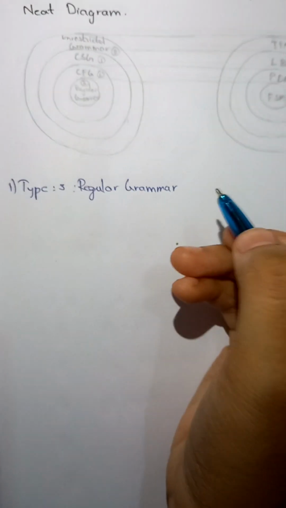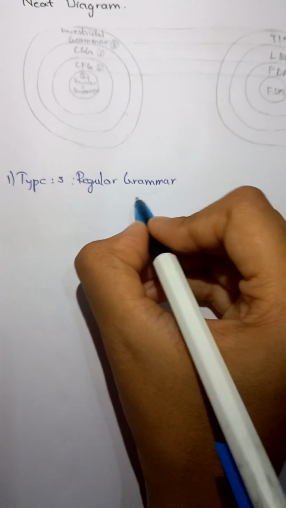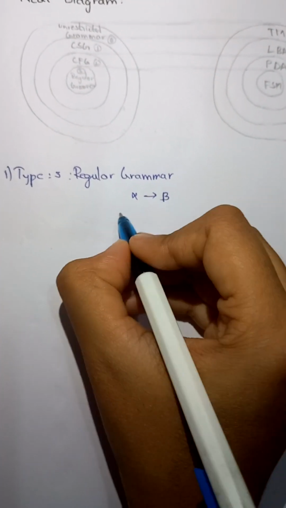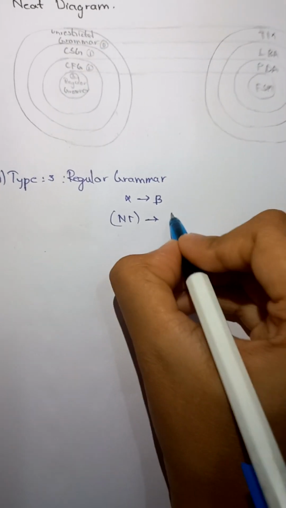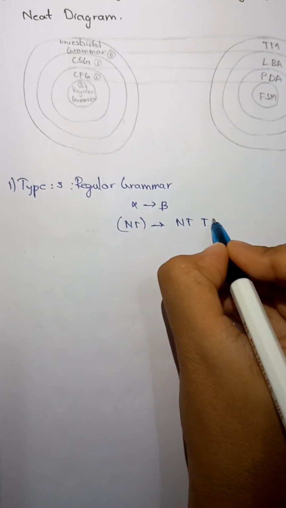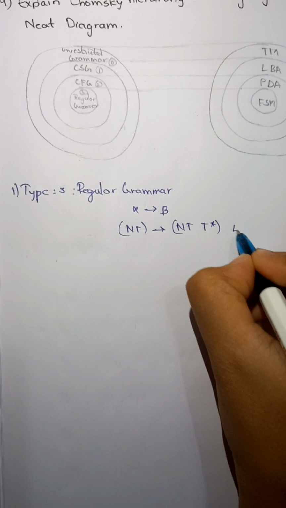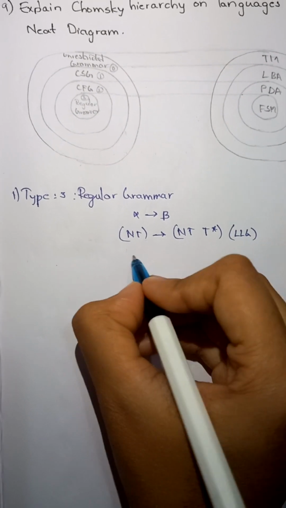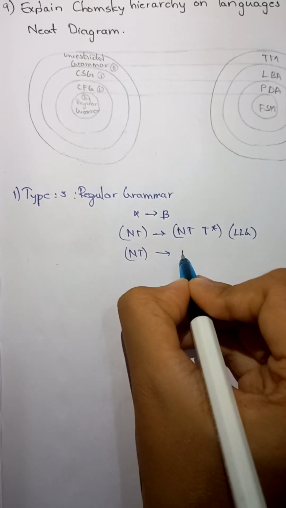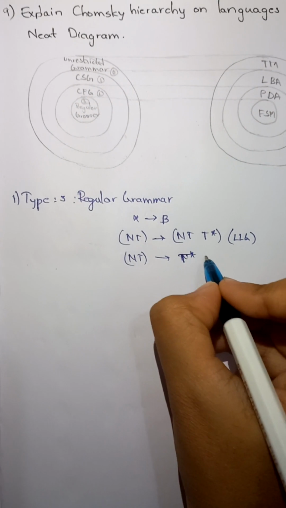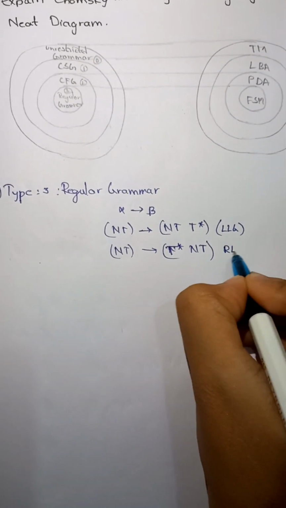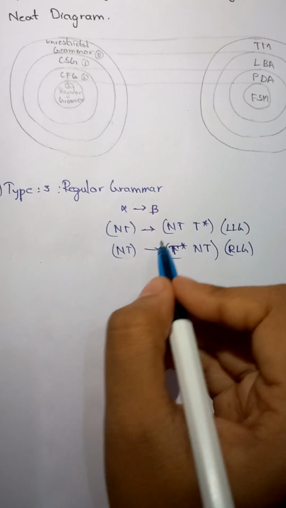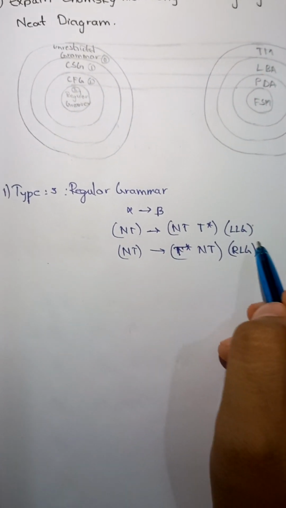For regular grammar, the production rules are of the form alpha tends to beta, where alpha is a non-terminal and beta is a non-terminal followed by terminal star, that is left linear grammar, or a terminal star followed by non-terminal, that is right linear grammar. So in regular grammar, there are basically 2 types of grammars, left linear grammar and right linear grammar.